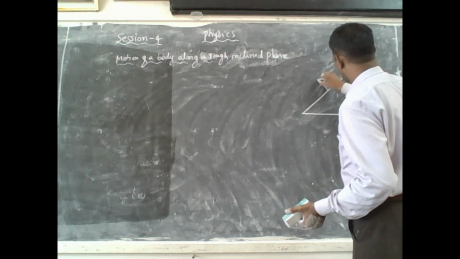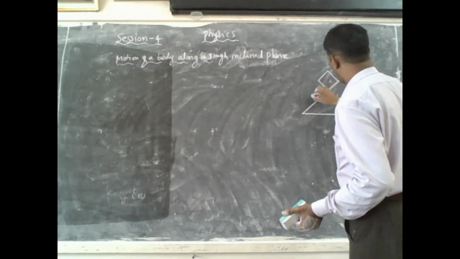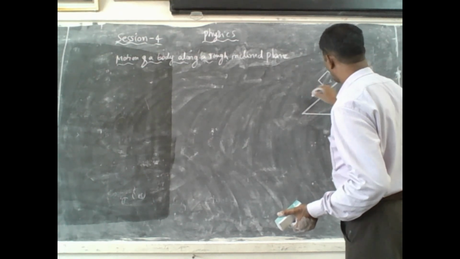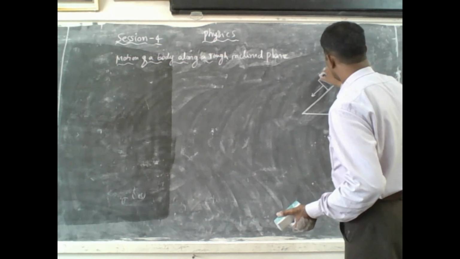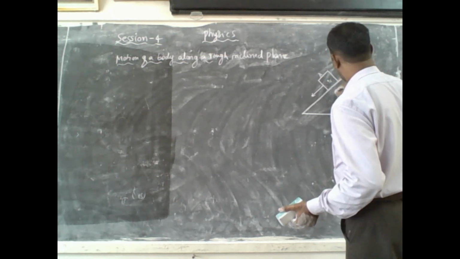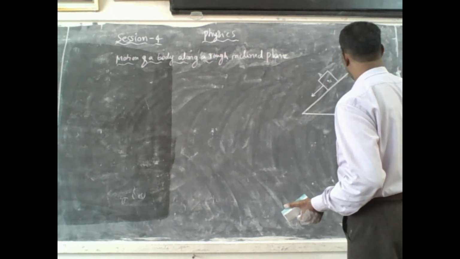So this is an inclined plane on which the body A is moving, isn't it? This is the common point of the body A, and this is the inclined plane B.